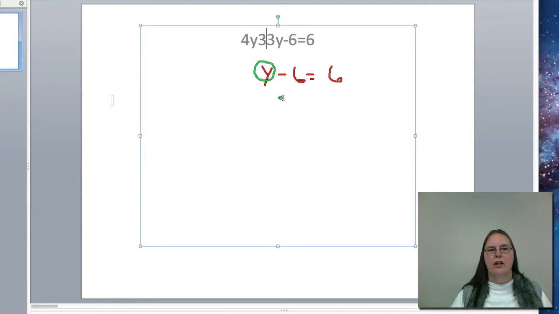In order to do that, if we add 6 to both sides, the sum then, y, this becomes a 0. See, the opposite of 6, add 6, I'm at 0 on the number line. So y equals, that's a plus 6, so now we have 12.